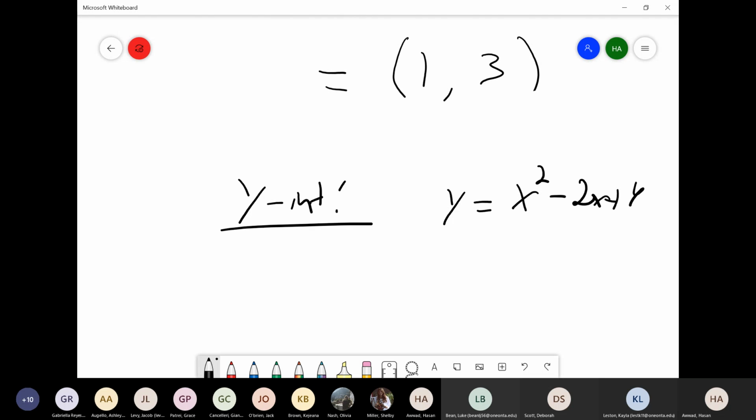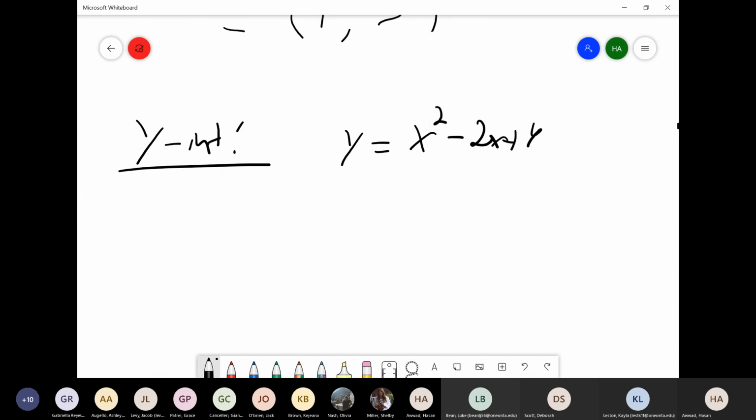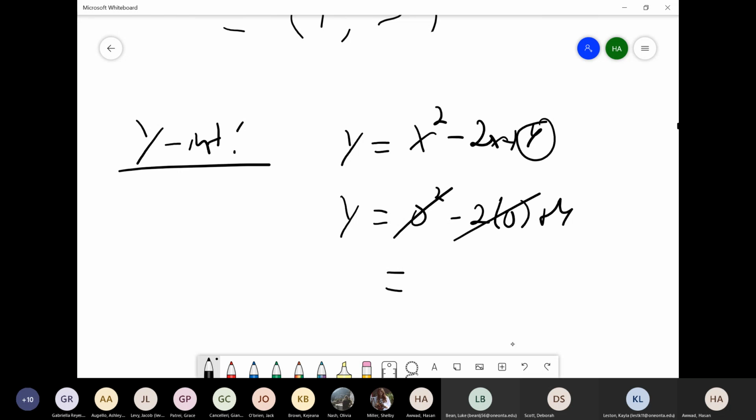And just like I said, the idea to find the y-intercept is you set your x equal to 0. So now we have y is equal to 0 squared minus 2 times 0 plus 4. And everything cancels: 0 squared goes away, the negative 2 times 0 goes away, and we're just left with our constant. So y is equal to 4.